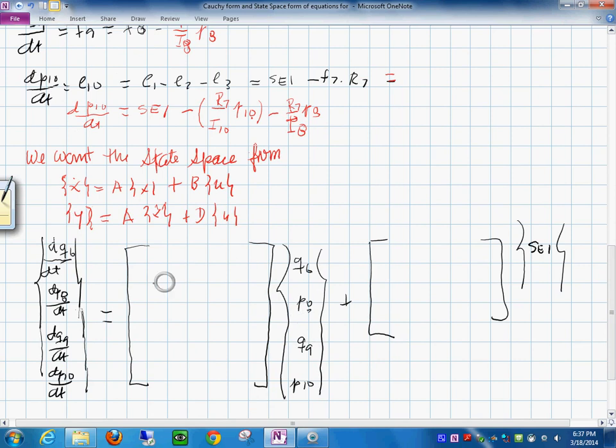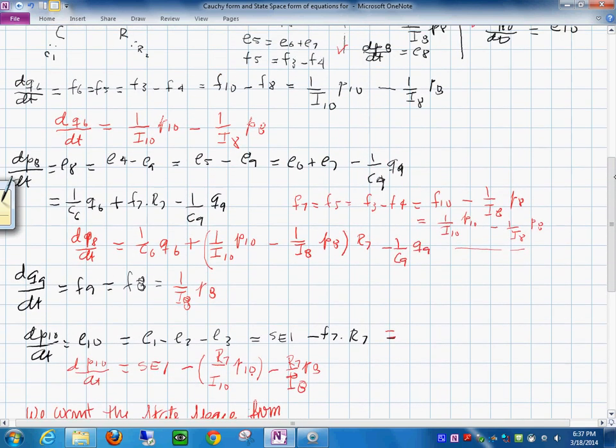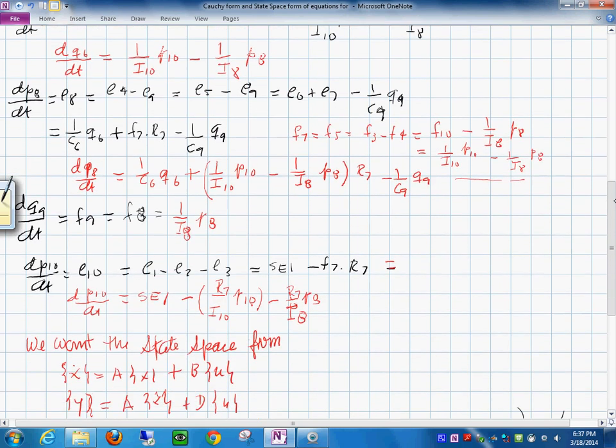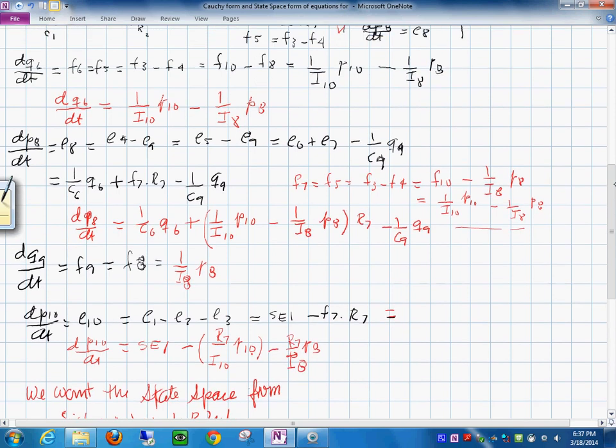Okay, so we put this into matrix form so that the row of this matrix multiplied by this column will give you the first equation. The row of this by this will give you the second and the third and the fourth equation. So what we need to do is just work with the equation.